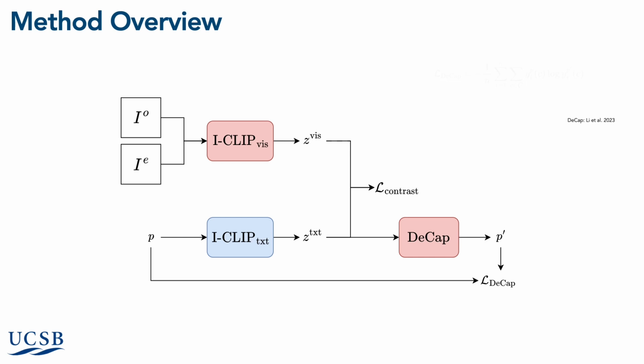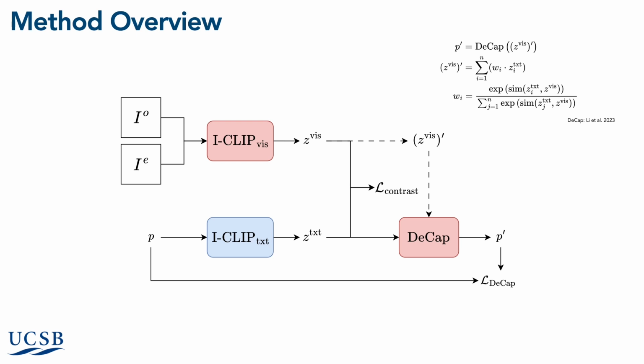To align with the decoder's training distribution, we project Z_VIZ into the text feature space by computing a weighted average over all instruction embeddings in the dataset, where weights are determined by cosine similarity to Z_VIZ. The resulting projection is then decoded into a refined instruction P prime.